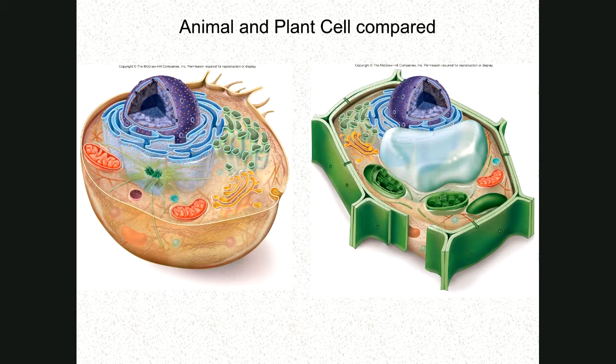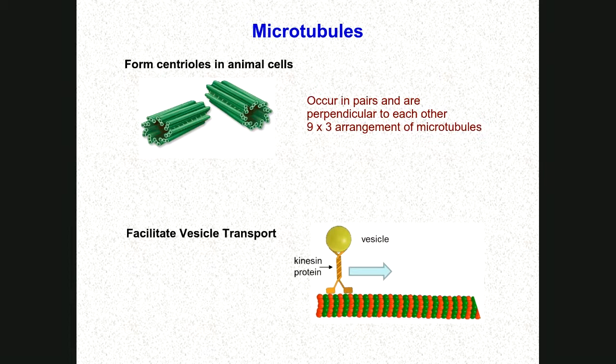We have a centrosome too in the plant cells, but it does not have this pair. You don't see this pair of centrioles in the plant. It does not have a centriole. Okay, so let's look at the composition of the microtubules. Microtubules form the pair of centrioles in the animal cells.